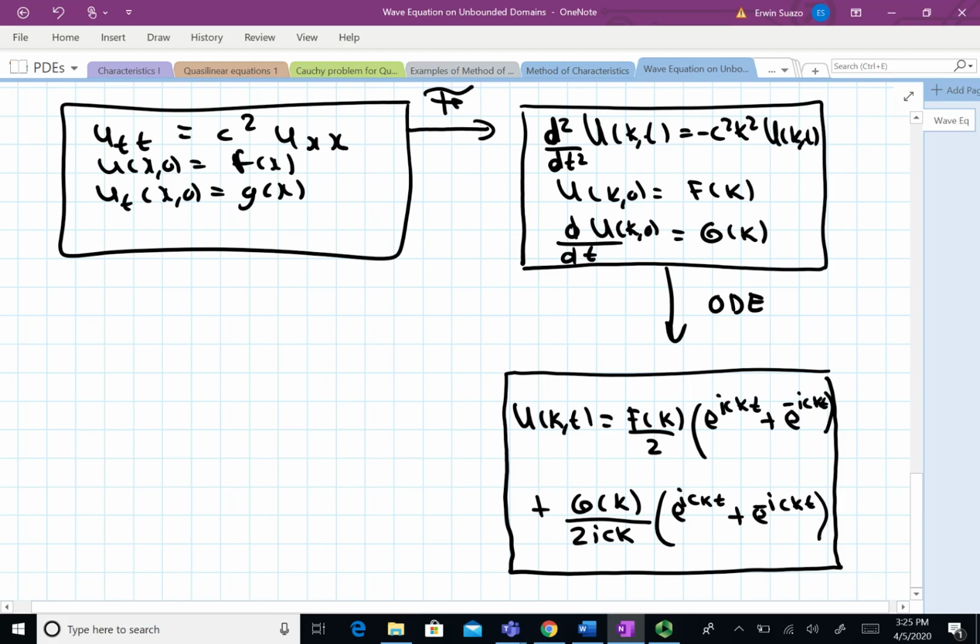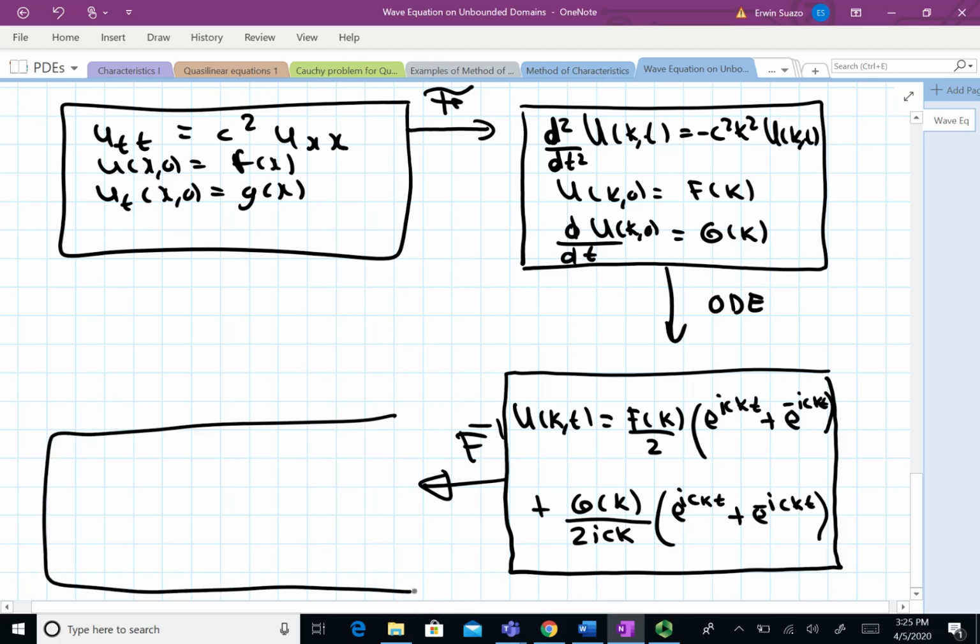Okay, so now when you go back with the inverse Fourier transform, you're going to get d'Alembert's formula.